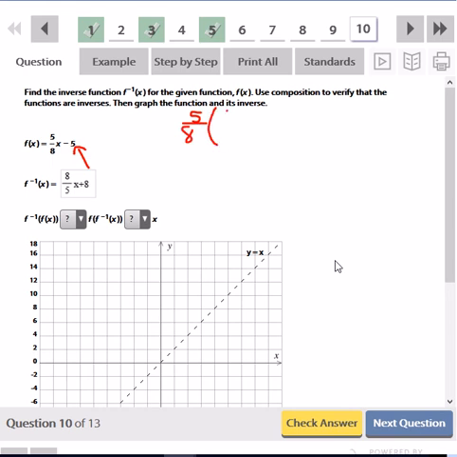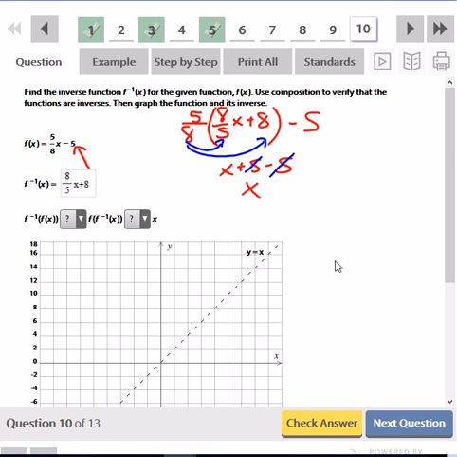Instead of x, I would write 8 over 5 x plus 8 and then minus 5. The reciprocals would cancel out, and then 5 over 8 times 8 would give me 5. So I would have x plus 5 minus 5. Now the 5s would cancel, so that indeed would leave me x.